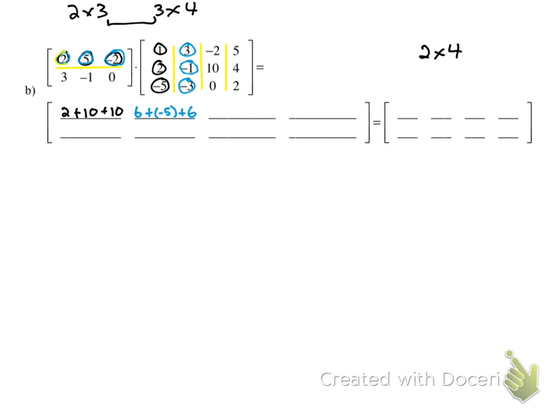Then I'll have 2 times -2 is -4, plus 5 times 10 is 50, plus -2 times 0 is 0. Okay? Love zeros.